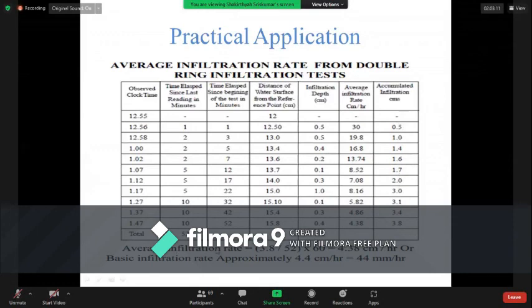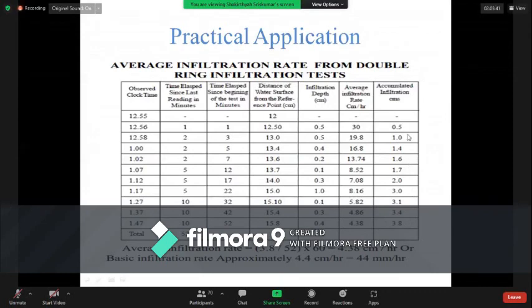So how can you get the average infiltration rate? For the average infiltration, you have to add the infiltration depth. You can add these values together and get the total, or else you can directly use the last value from the accumulated infiltration.